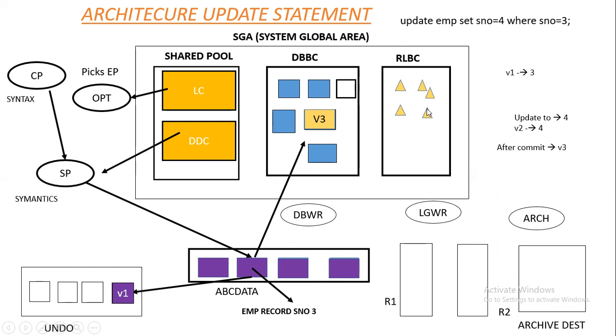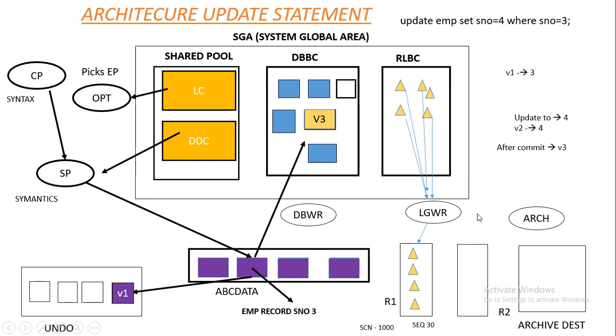From there, the log writer will take all the redo entries which are available and write them into the current redo. Once the current redo is filled, log writer updates the ARC process.